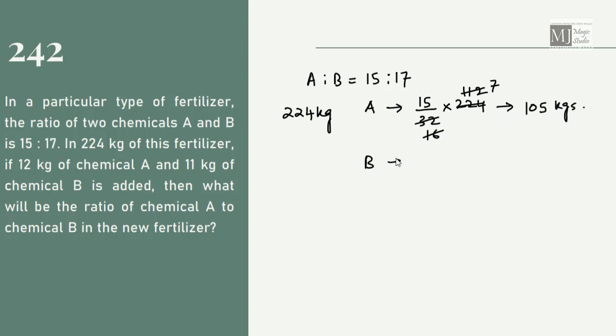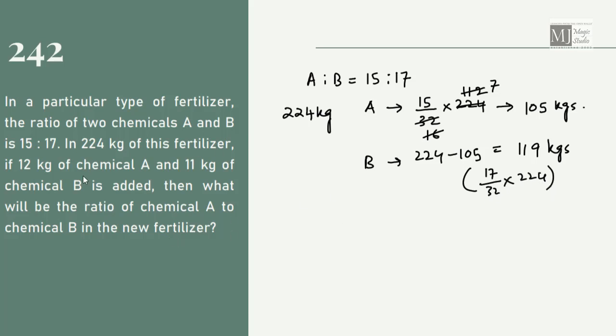So B should be, either you can find it like this, 224 minus 105. It should be 119 kgs, or that's simply 17 by 32 into 224.